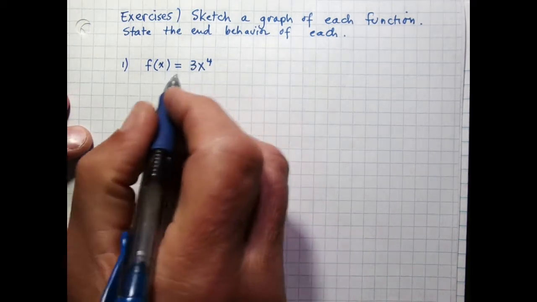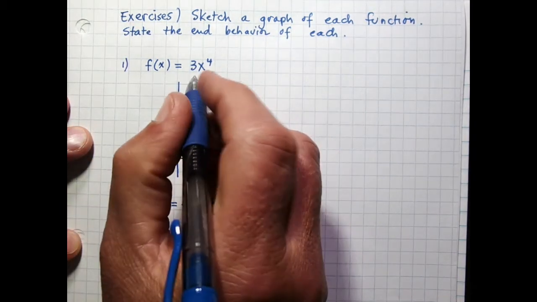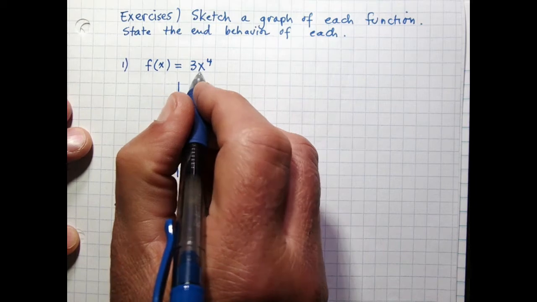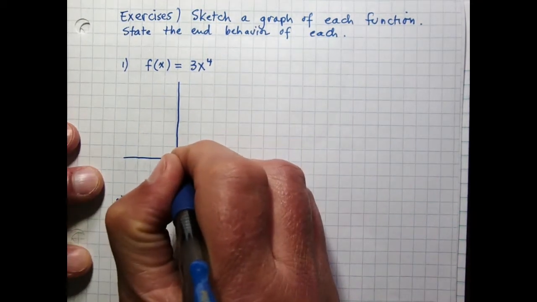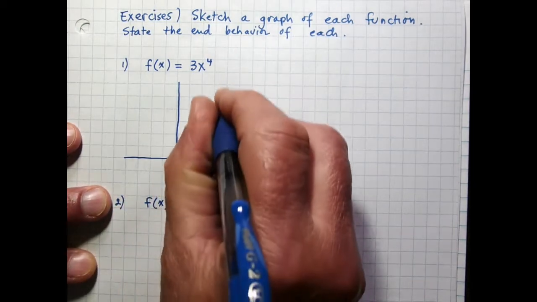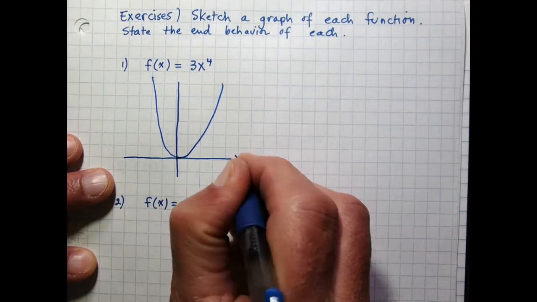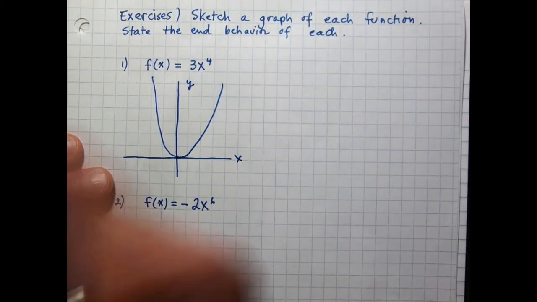So for example here, f of x equals x to the 4th. This is a slight transformation, a stretch of the x to the 4th function. So the 0, 0 point will stay the same, and when it gets stretched, it's just still going to have a kind of U shape. So there's a graph. That's all you need to know how to draw.